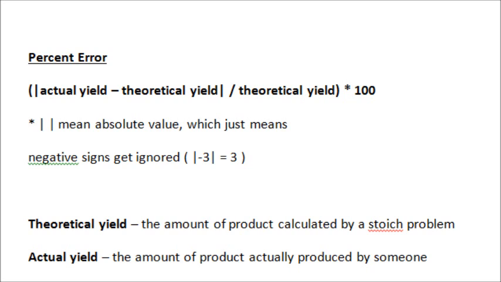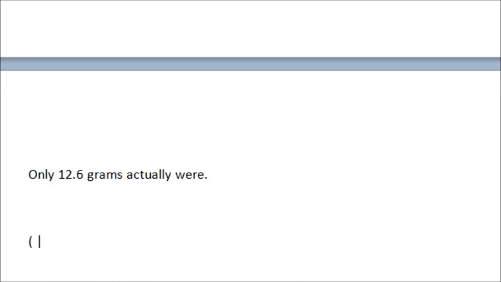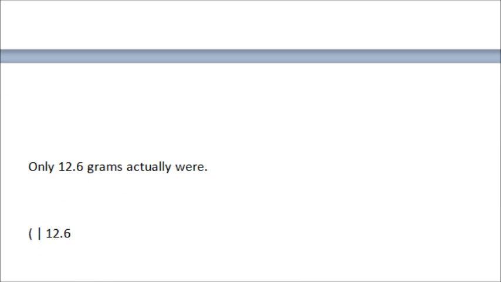Actual yield minus theoretical yield, absolute value, divided by theoretical yield, times 100. Now you just plug in what you got. The actual yield was 12.6 because that's what the problem said was actually produced, minus the theoretical yield, which is 14.5, divided by theoretical yield, times 100.